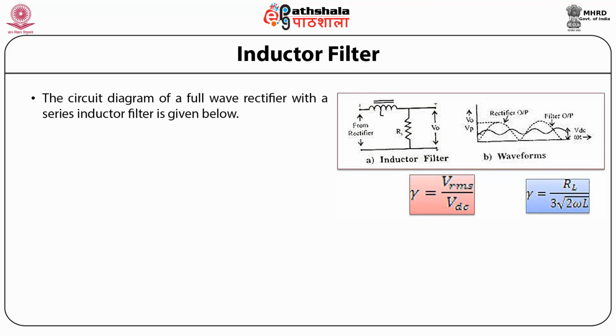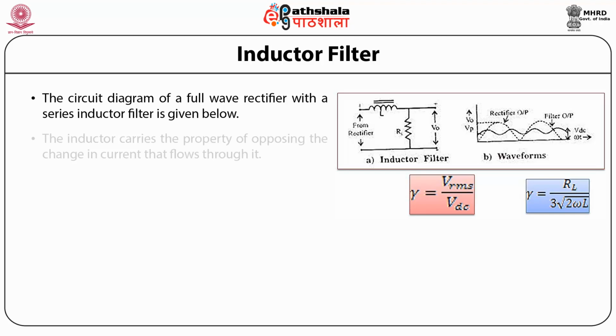The circuit diagram of the full wave rectifier with a series inductor filter is shown over here. Now, as the name of the filter circuit suggests, the inductor, that is L, is connected in series between the rectifier circuit and the load.